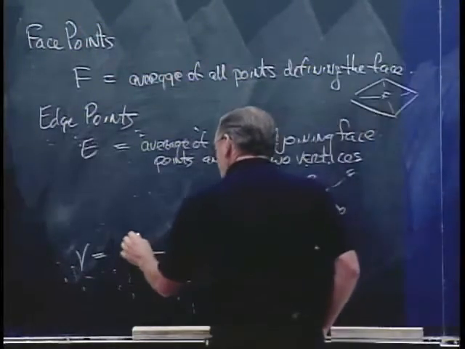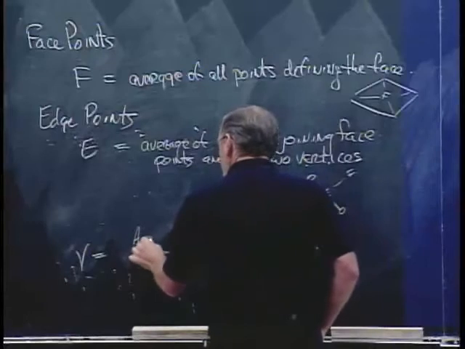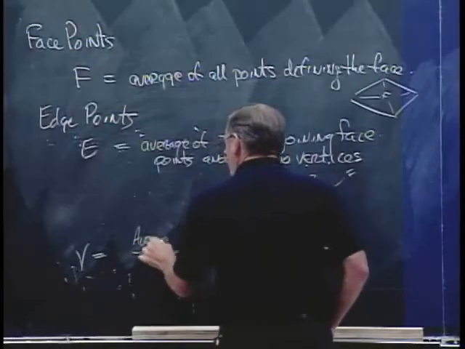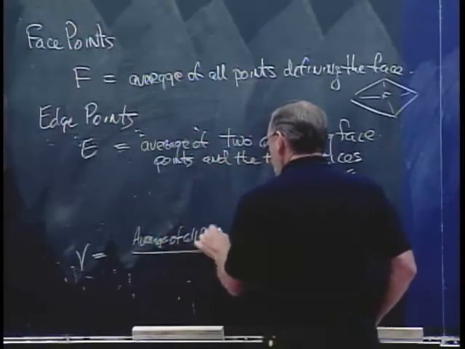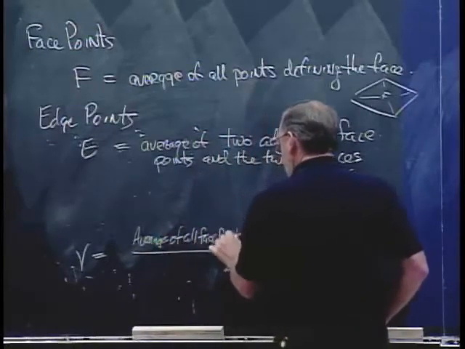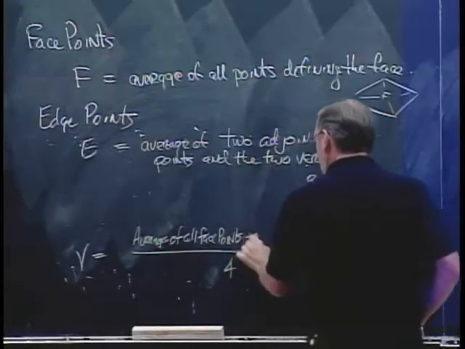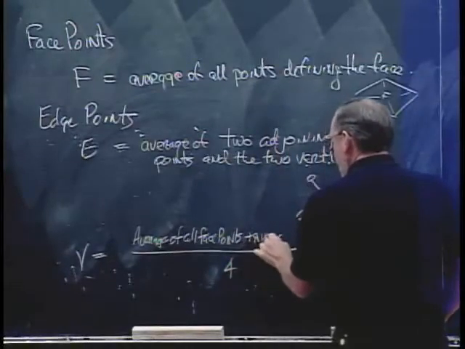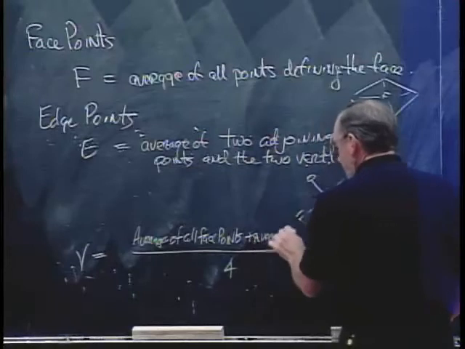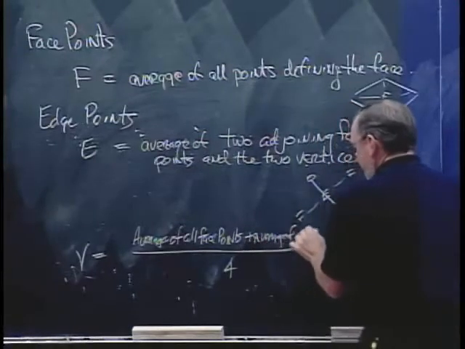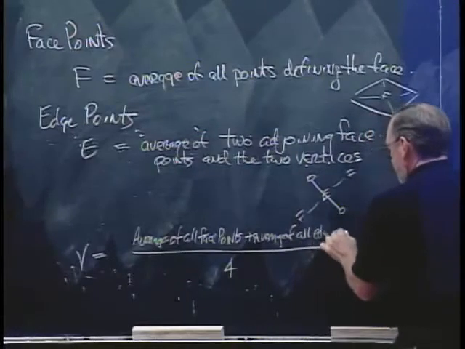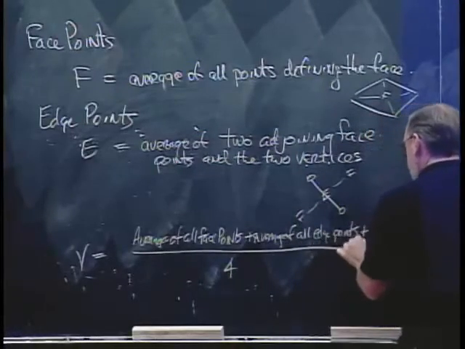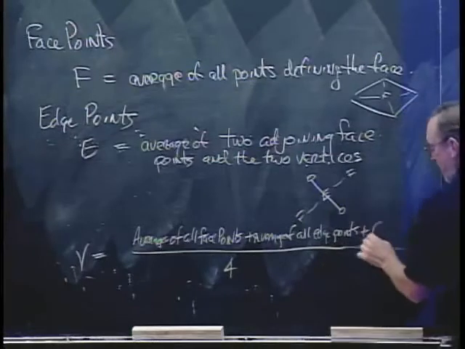Which is the average of all face points surrounding the vertex, plus the average of all edge points, plus some constant times the original vertex.